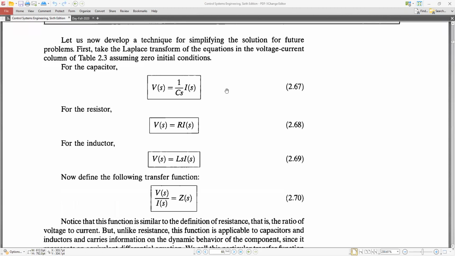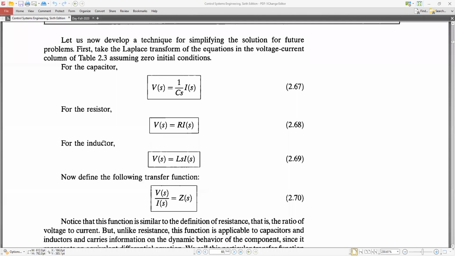Okay, now a few things. For the capacitor, V(s), let us now develop a technique for simplifying the solution for future problems. First, take the Laplace transform of the equation in the voltage-current column of Table 2.3, assuming zero initial conditions. See, the Laplace transform. Just remember these terms. These terms will be useful in the next maths. Okay. V(s) is equal to 1 over Cs into I(s).